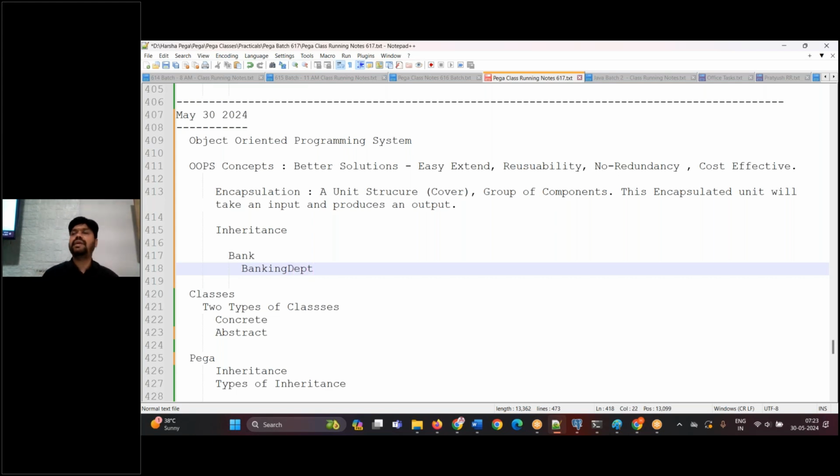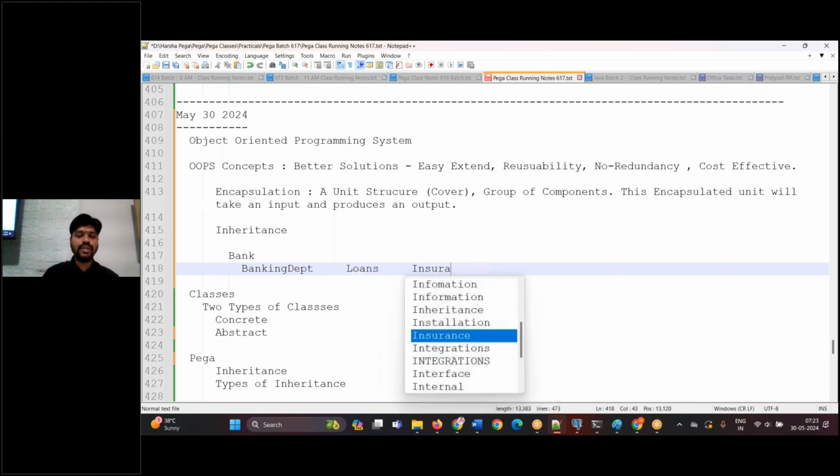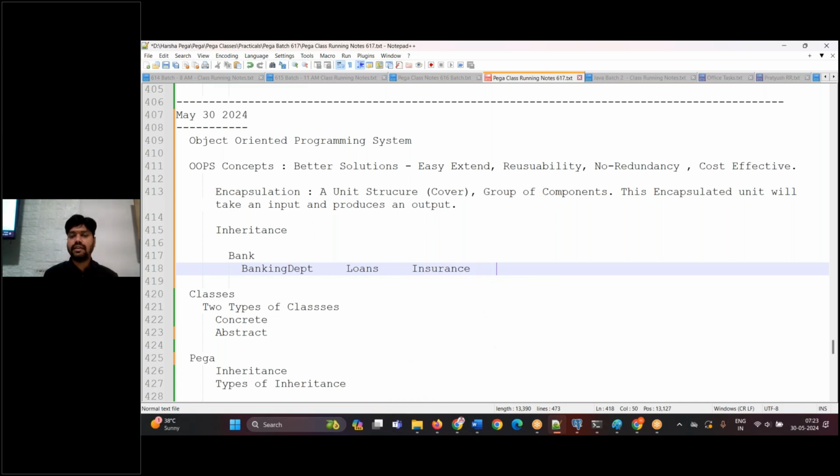I'll write down DEPT just to give you a better understanding. That's a department. Next, loan. You said Loan department. And what else? Insurance department, you said. Okay, these three are enough for now. Tell me any other department which doesn't deal with business processing, but is involved in the processing, without initiating any specific kind of transaction.